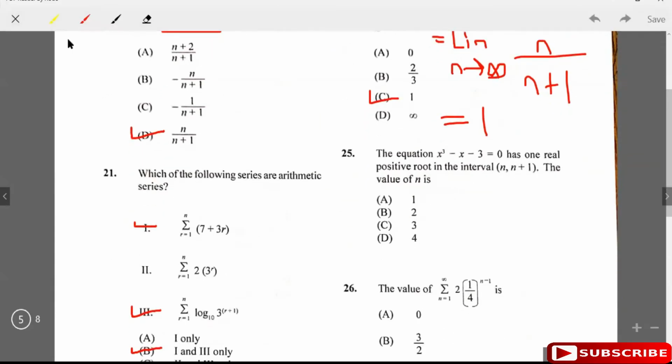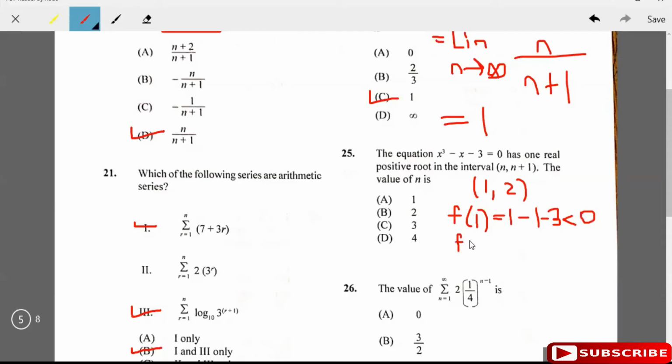So, question 25. Now, question 25 says that the equation x cubed minus x minus 3 has one real root in a particular interval. So let's try the interval 1, 2. When x equals 1, f of 1 is equal to 1 cubed minus 1 minus 3, which is less than 0.